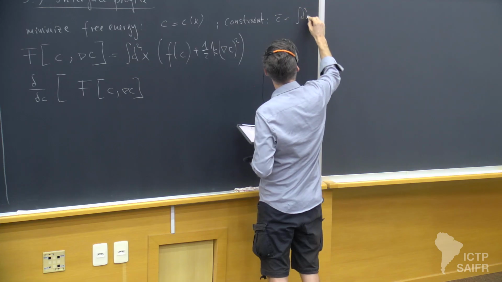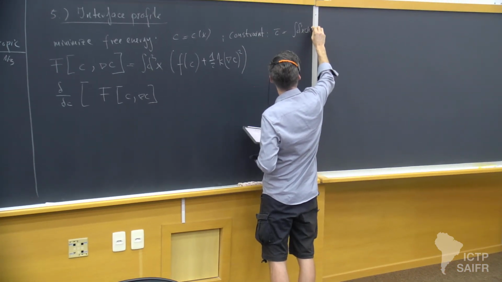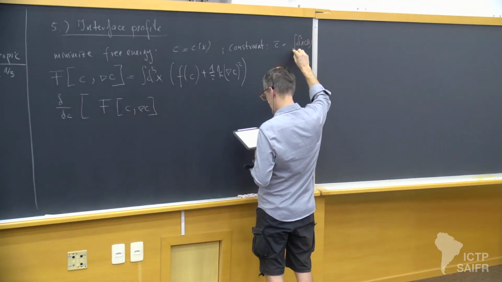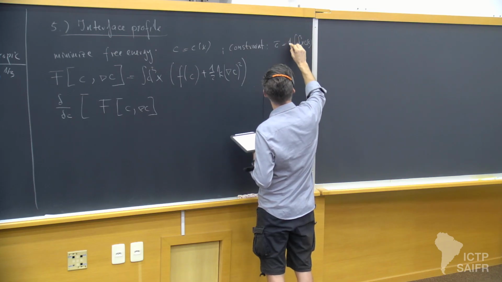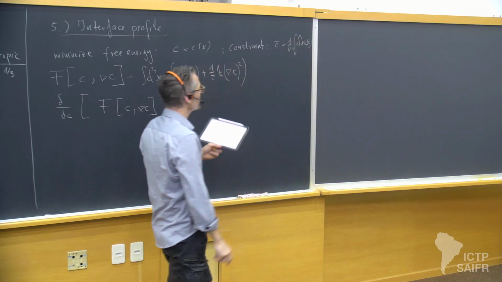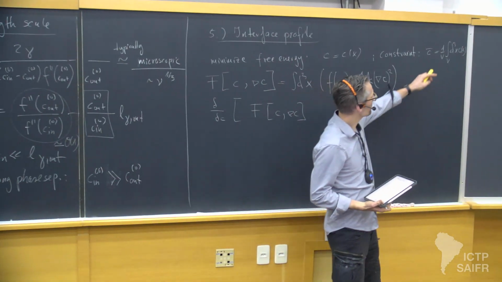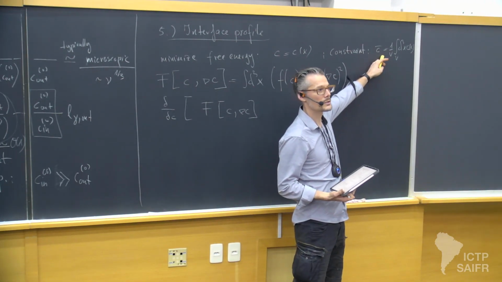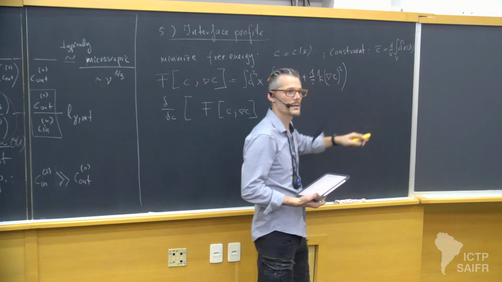It's 1 over V times the integral of C of x. This is the amount of particles in my system. I would like to keep this fixed in the minimization.